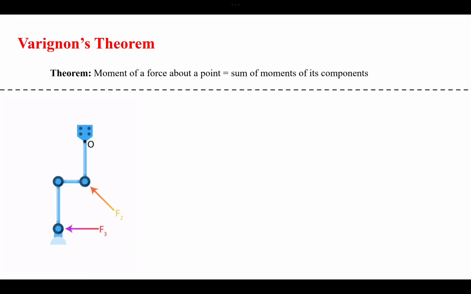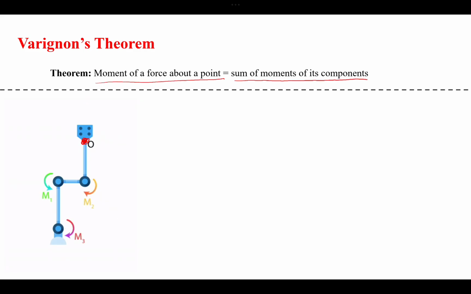It states that if there are multiple forces applied on a body, like for example in this case F1, F2 and F3 applied at different locations, and you want to calculate the moment about point O, then Varignon's theorem states that the moment of a force about a point is equal to the sum of moments of its components.